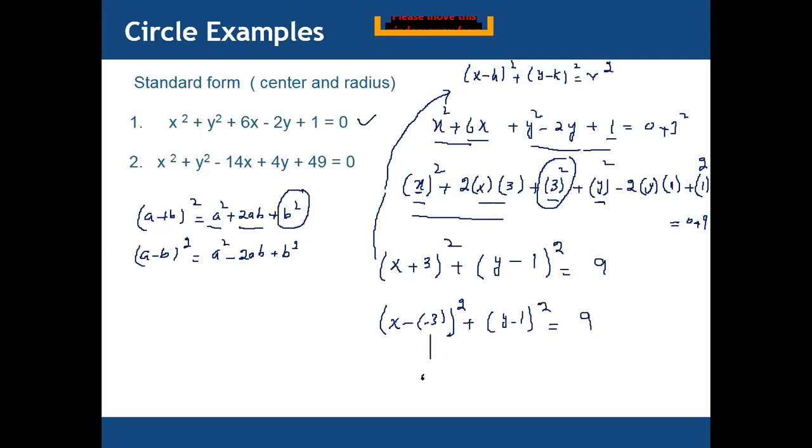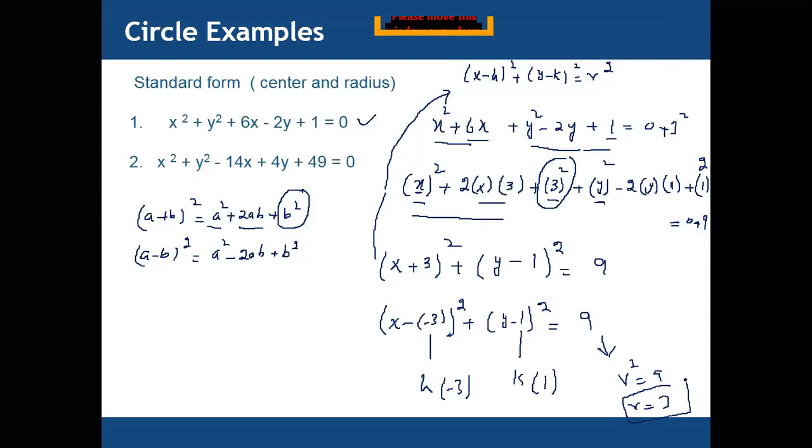Where the center point h is minus 3, k is 1. What about the radius? This is actually the r square value. R square is 9, so r is equal to 3, the radius value. Clear? So if an equation is given, how do we write it in standard form?